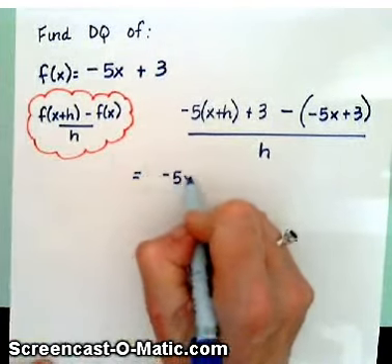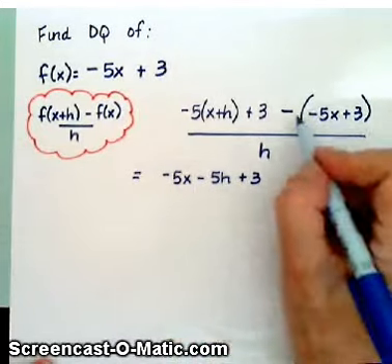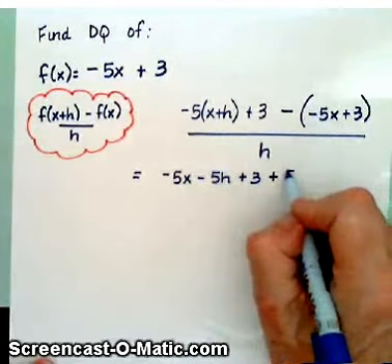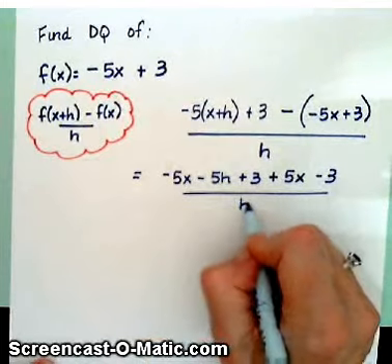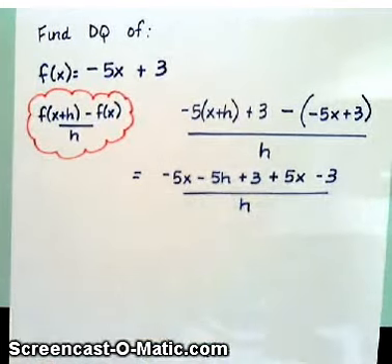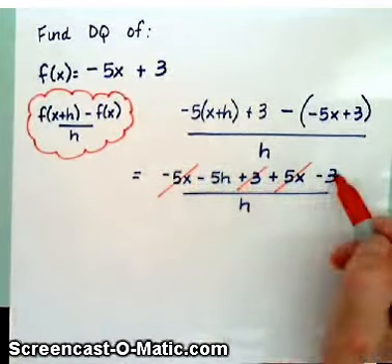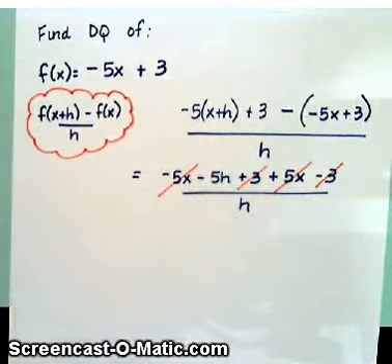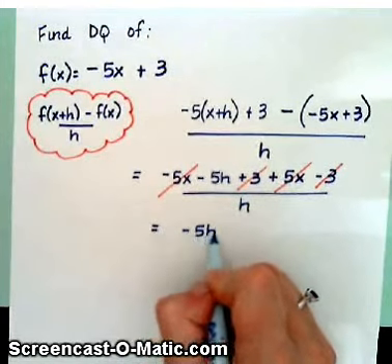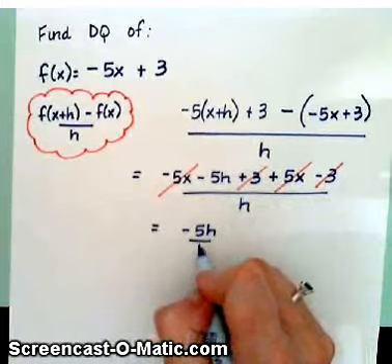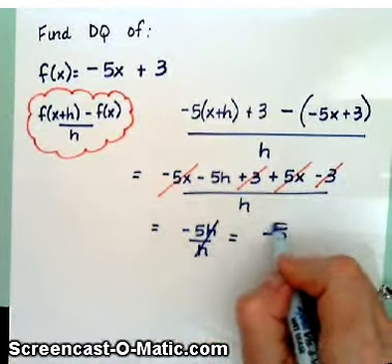Negative 5x minus 5h plus 3 plus 5x minus 3, divided by h. Let's clean up the top of that. Negative 5x, positive 5x, positive 3 minus 3, and what you see left is negative 5h divided by h. Out go the h's, and the answer is negative 5.